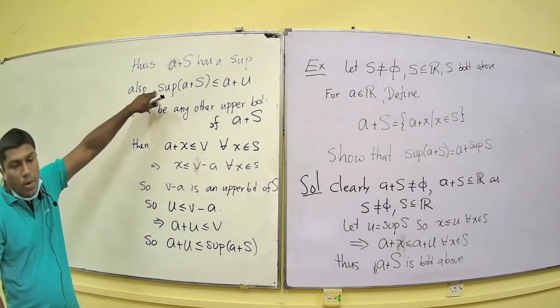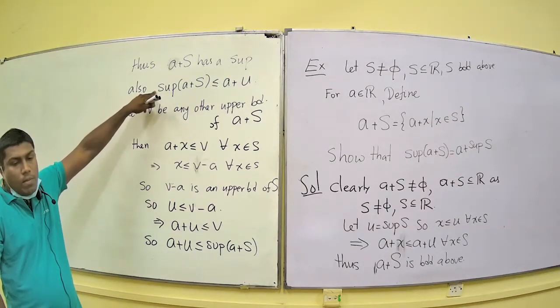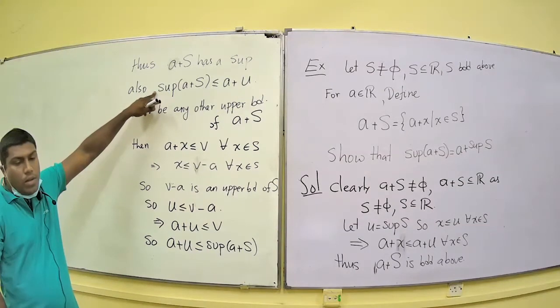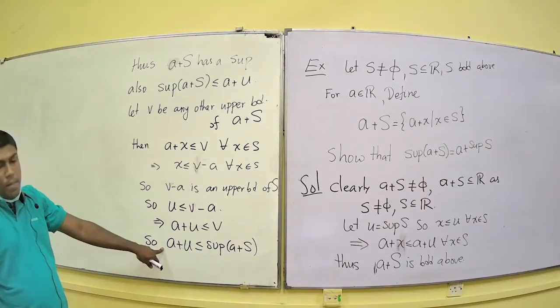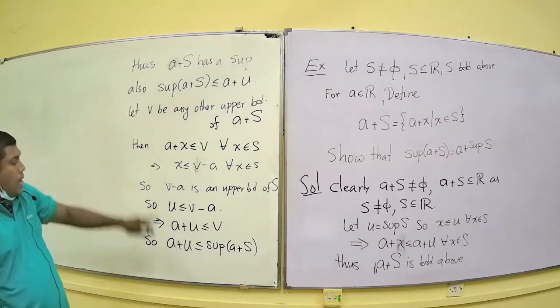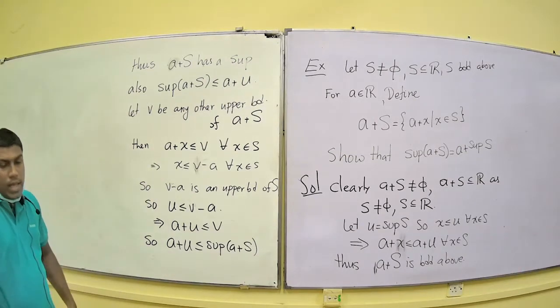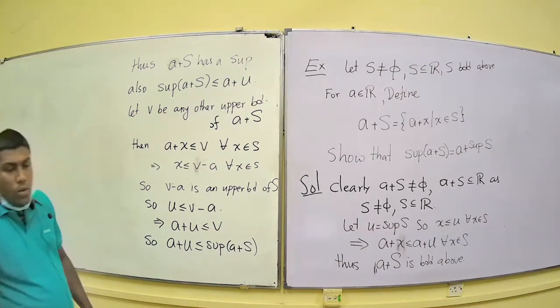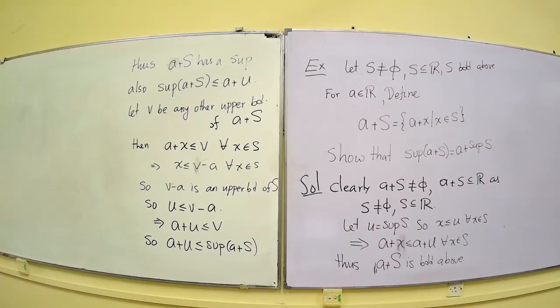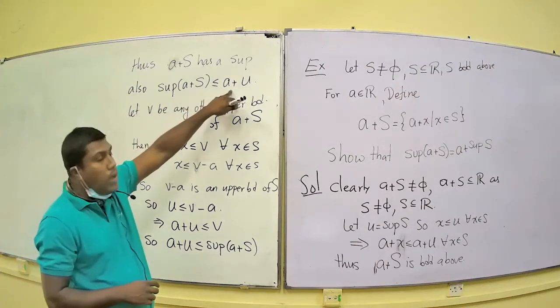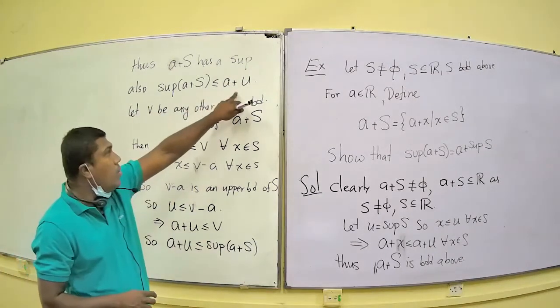So now you have this inequality. This says the supremum of A plus S is less than or equal to A plus U. Here you have A plus U is less than or equal to the supremum of A plus S. If you combine both of them, you see that both must be equal, because this value is less than or equal to this value, and here you have the other way around.